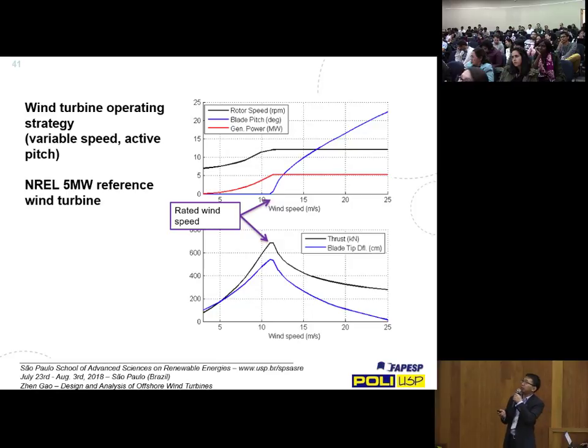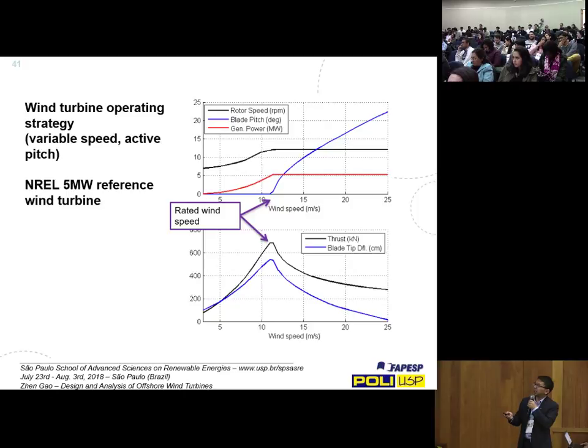Here I'm just showing some examples for the NREL 5 megawatt reference turbine as a function of the inflow mean wind speed. And these are obtained just by running for constant wind speed. And here I'm showing the rotor speed. For the small wind speeds, you increase the rotor speed when the wind speed increases, until you reach the rated value.